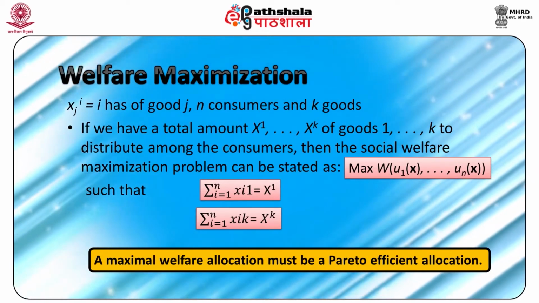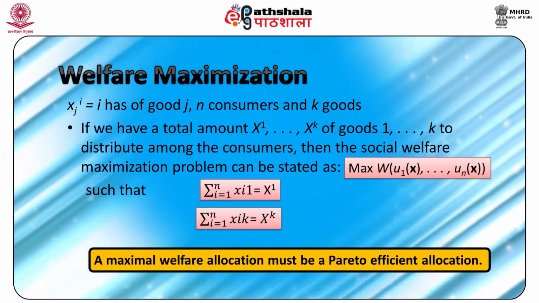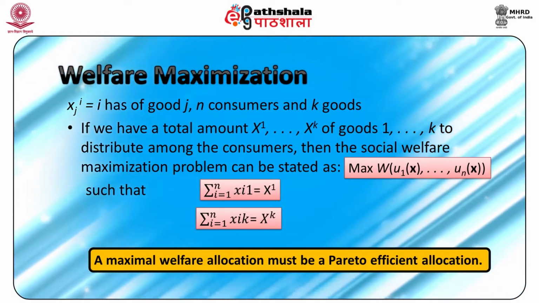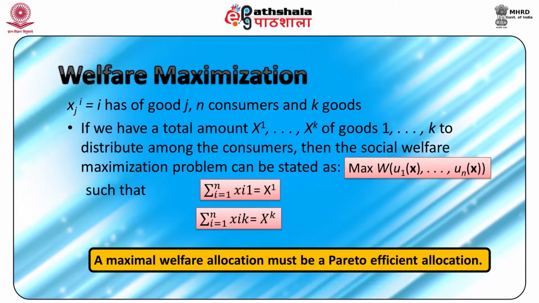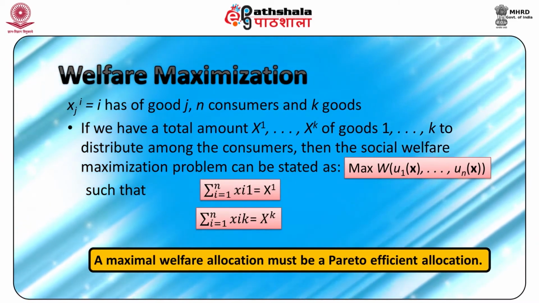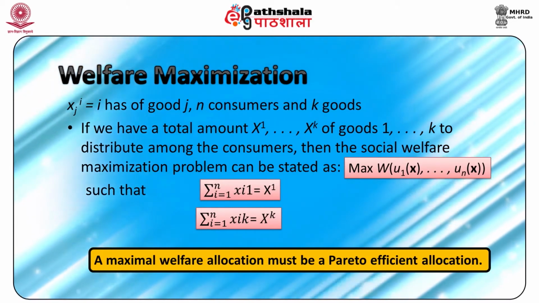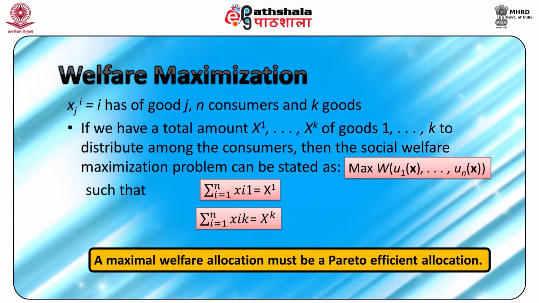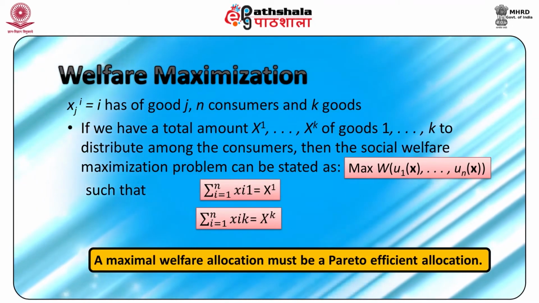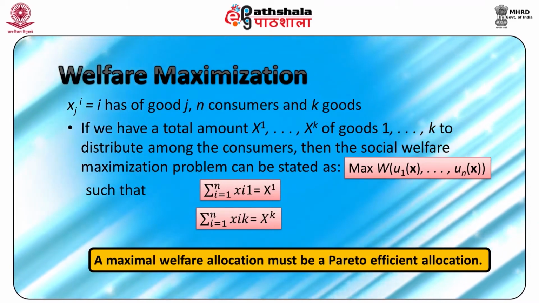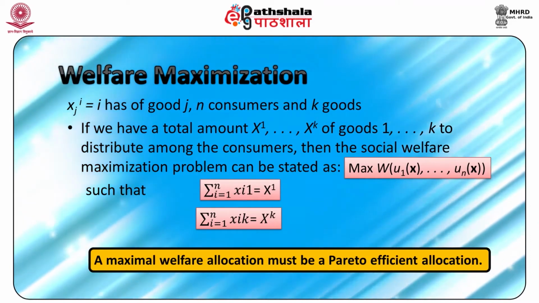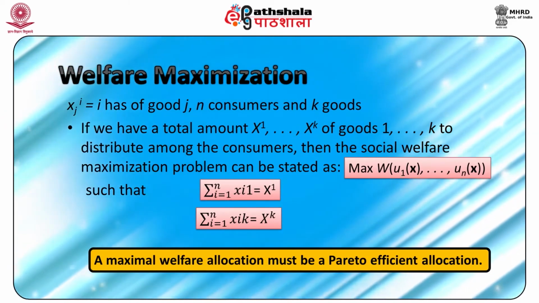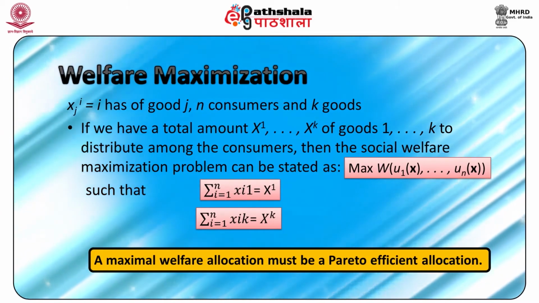Welfare maximization. Once we have a welfare function, the problem of social welfare maximization can be examined. Let x_i^j denote how much individual i has of good j, and suppose that there are n consumers and k goods. Then the allocation x consists of the list of how much each of the agents has of each of the goods.